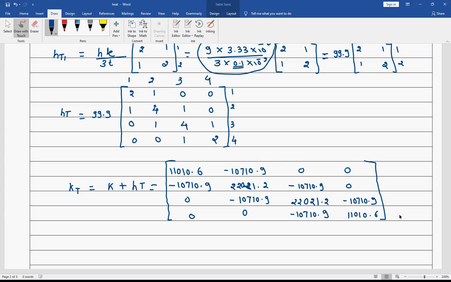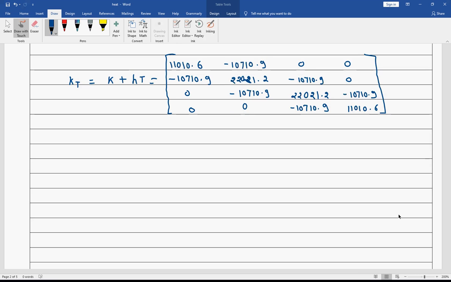So this is how I got my global conductance matrix with conduction and convection. Okay. Now I have to calculate the resistive load. So my resistive load, that is because of my ambient condition, will be equal to h T ambient, length of an element, divided by 2, and 1.